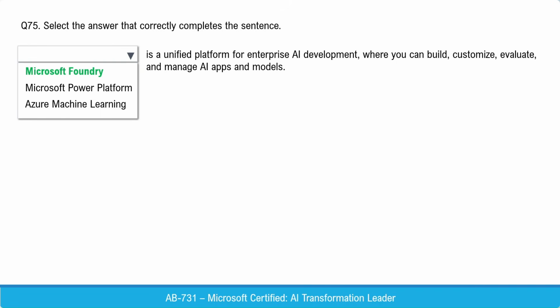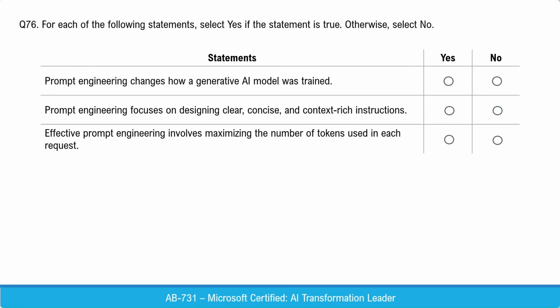Looking at other options, Power Platform is mainly a low-code platform for building apps and automation. While it can use AI, it is not designed for full AI lifecycle management. Azure Machine Learning is focused on building and training machine learning models. It is powerful, but it is more specialized and not a unified platform for all AI scenarios. Hence, the correct answer is Microsoft Foundry.